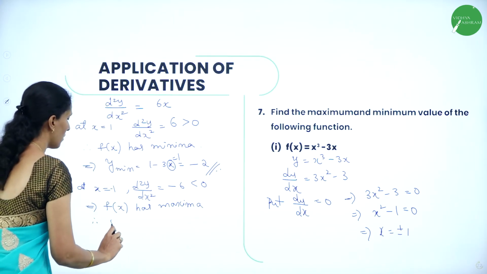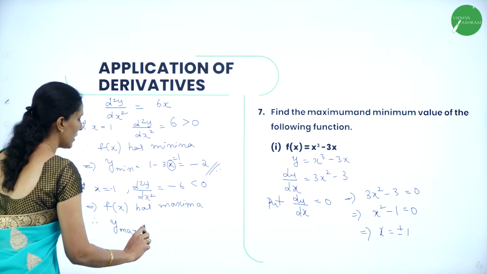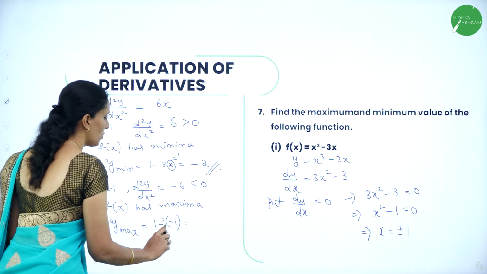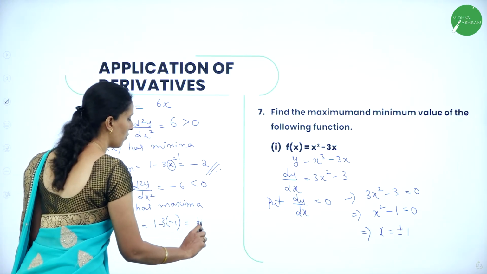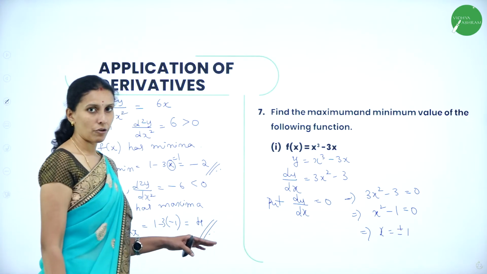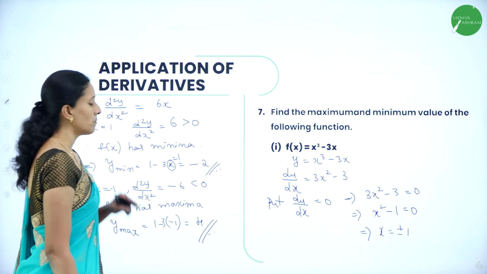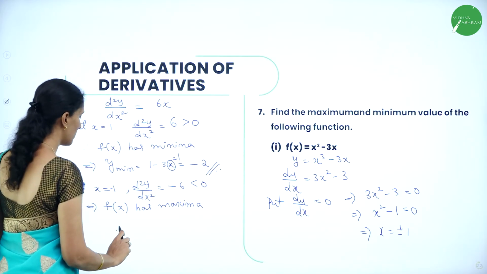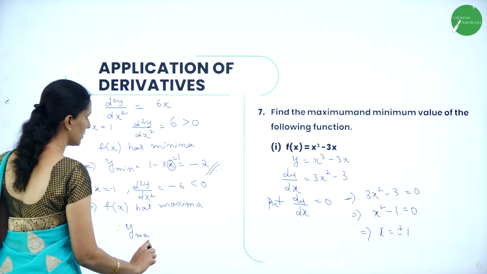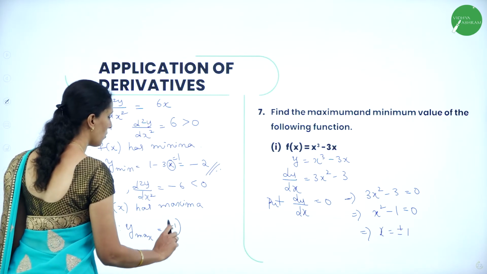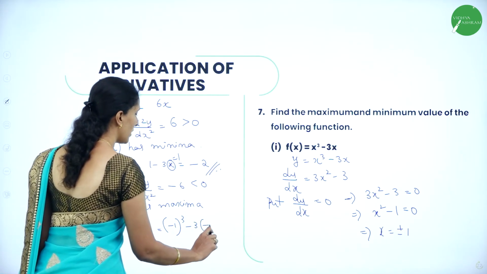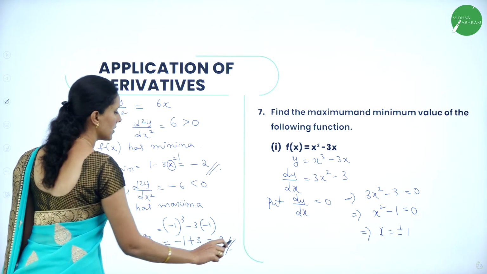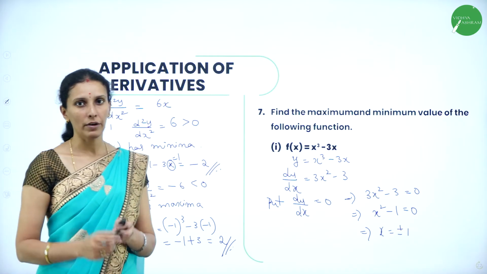So therefore, y maximum is equal to minus 1 whole cube minus 3 of minus 1, which becomes minus 1 plus 3 is equal to 2. So this is the maximum value of the given function.